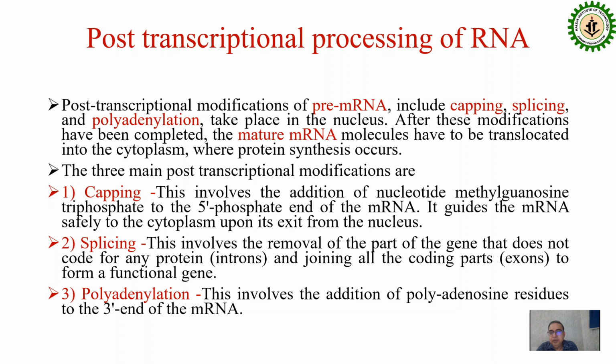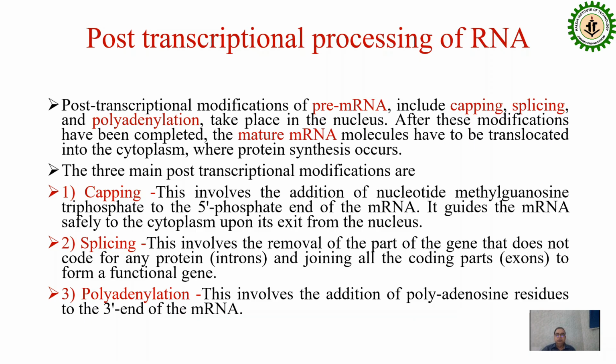What is splicing? Splicing is the process of removal of non-coding part or the introns from the pre-mRNA, and the coding parts or the exons are joined together to form the mRNA.